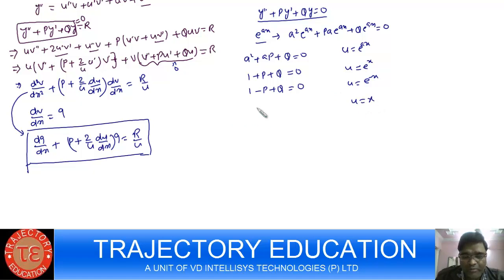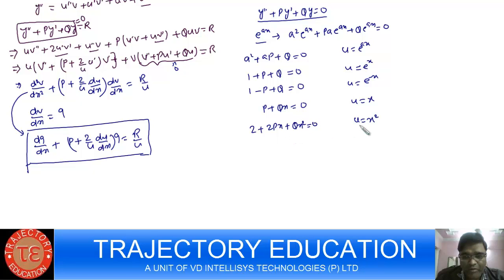If you want u equal to x to be one of the integrals belonging to the complementary function, the condition which I generate is p plus qx equal to 0. So if this holds, then u equal to x is one of the integrals. If I put x square, it becomes 2 plus 2px plus qx square.